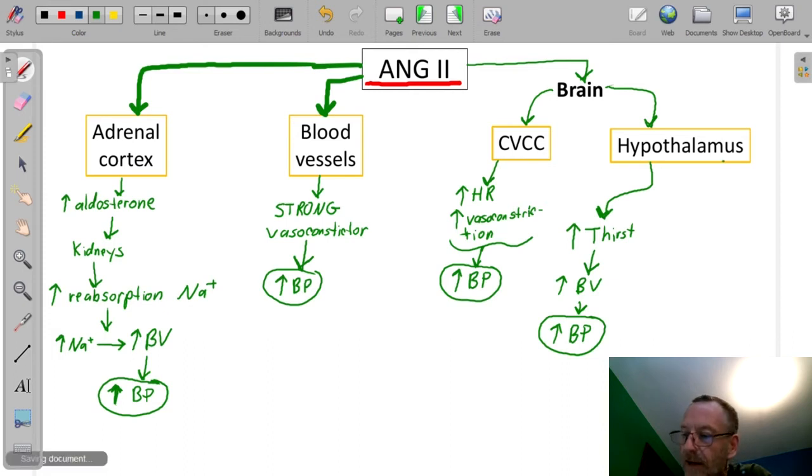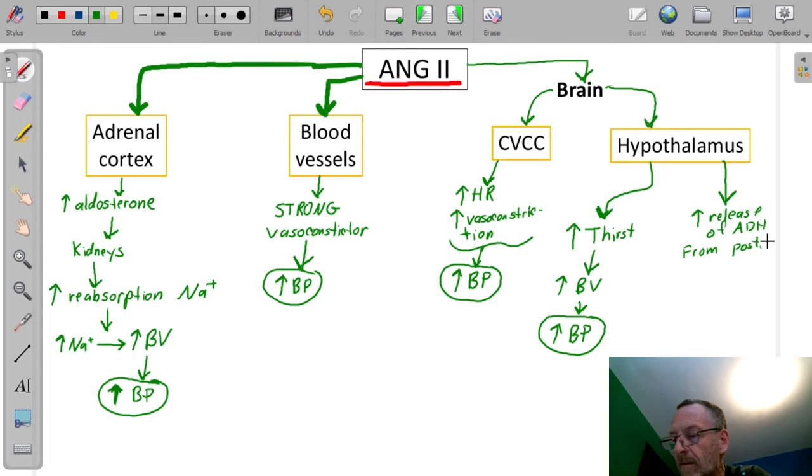The other thing that the hypothalamus can do is release ADH. So we would have an increased release of ADH from the posterior pituitary. I'll abbreviate posterior pituitary as post-pit. And ADH targets the kidneys.